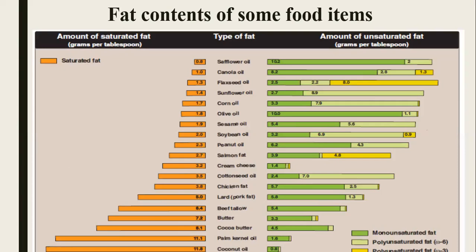That is why in general we say that the fatty acids available to us from plant sources contain less saturated fatty acids and more monounsaturated fatty acid and polyunsaturated fatty acid of the omega-3 and omega-6 family.